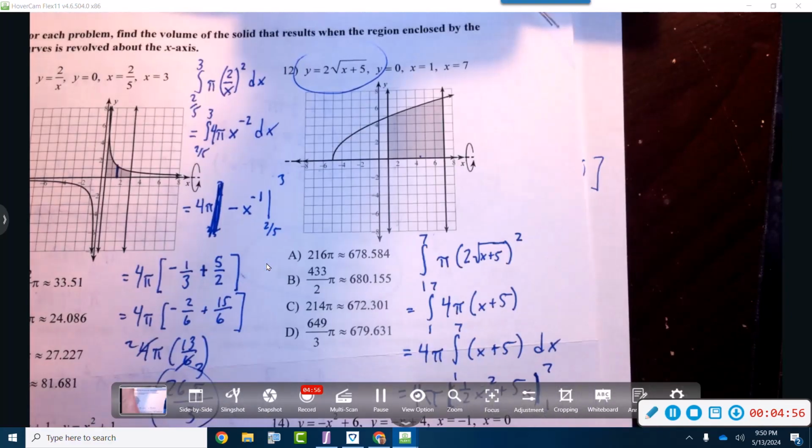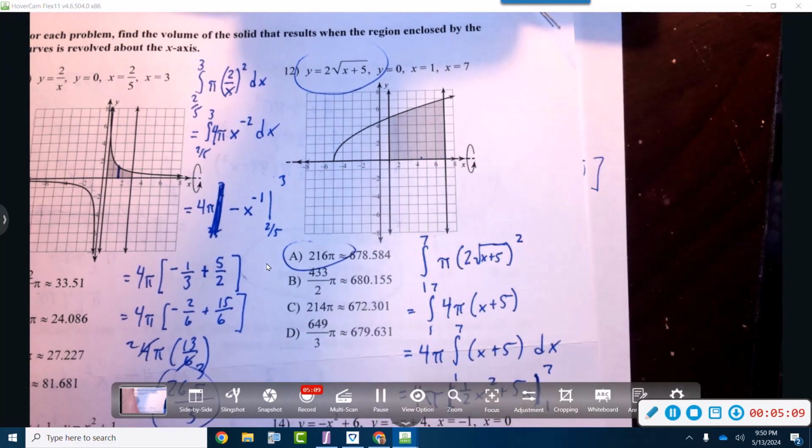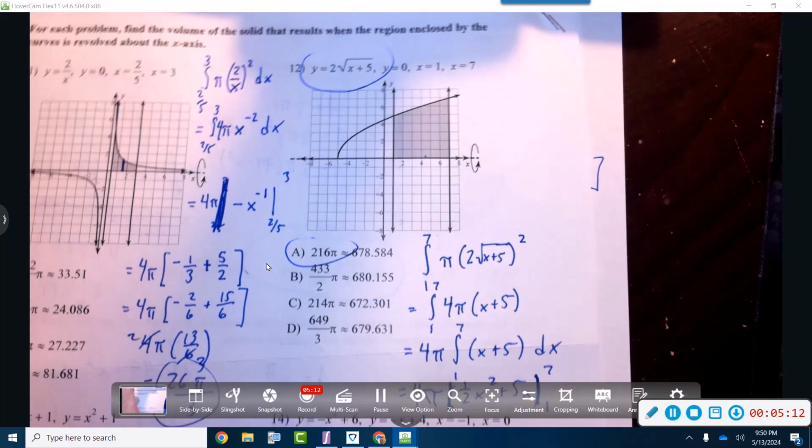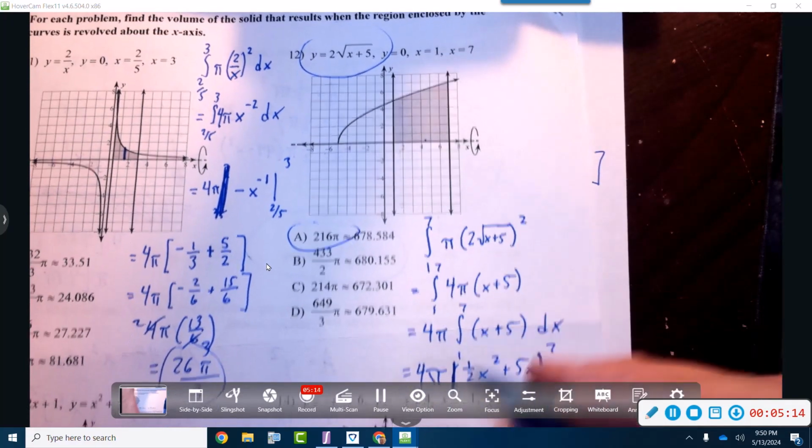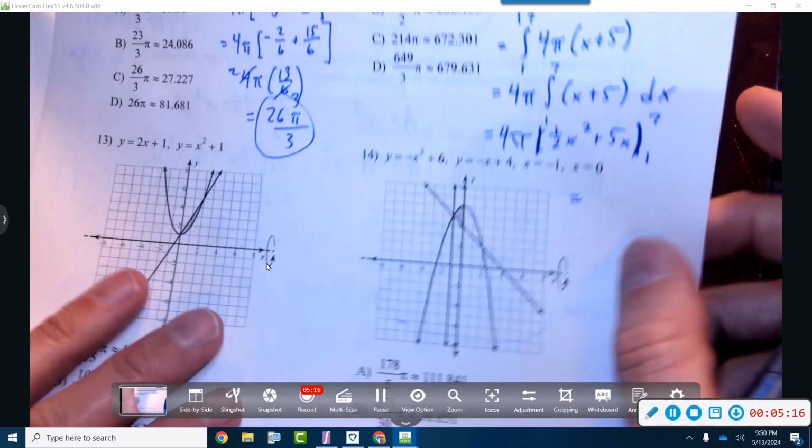Where you at, answer key? Okay, what was that? That was number 12. So that means you got A. So it's going to be 216 pi. Okay, and just execute carefully.